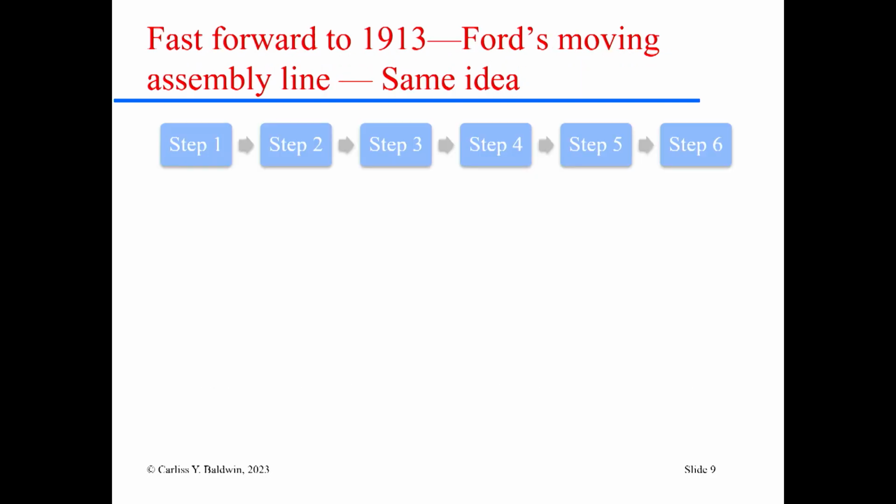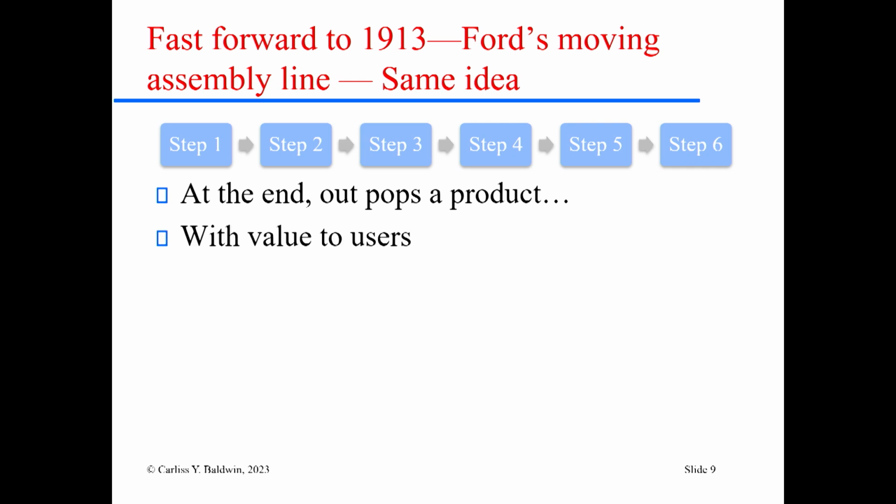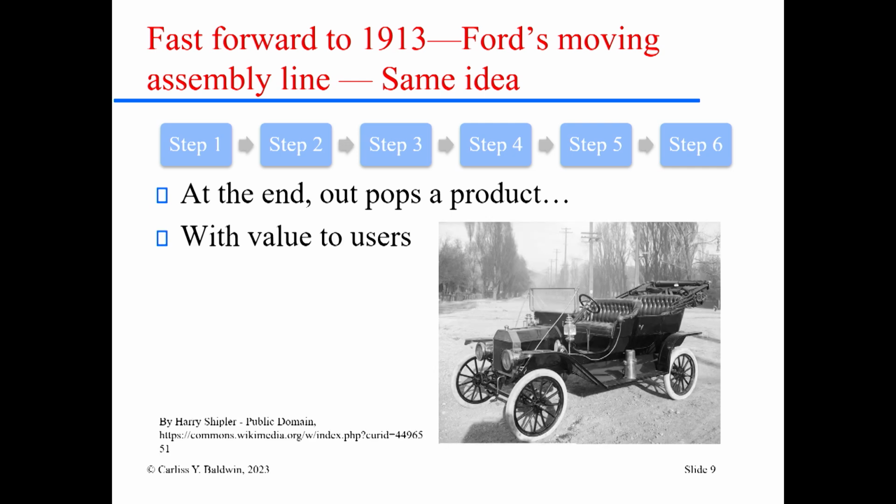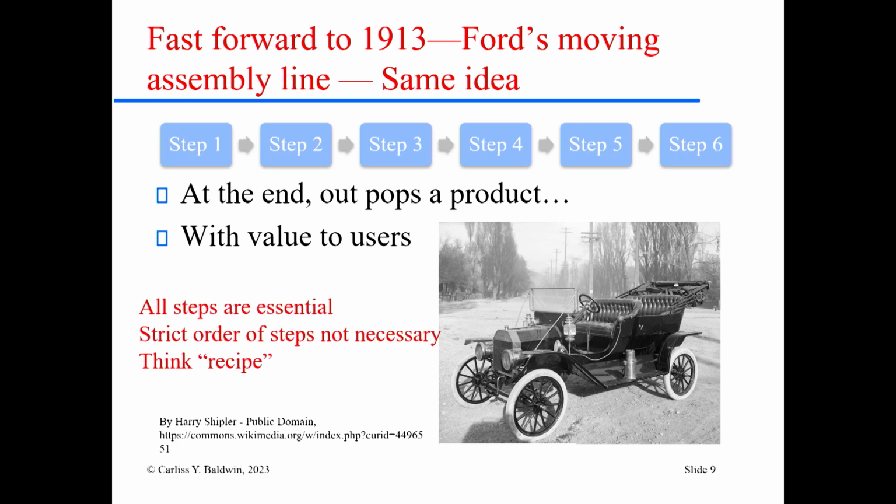Fast forward to 1913, the first moving assembly line, same idea, step, step, step, step, step. At the end of a whole bunch of steps, out pops a product with value to users, in this case, the Ford Model T. But automobiles were not the only industry to be overtaken by this type of production technology, this process.